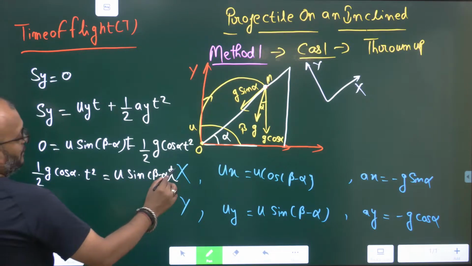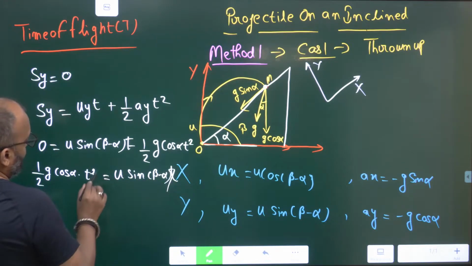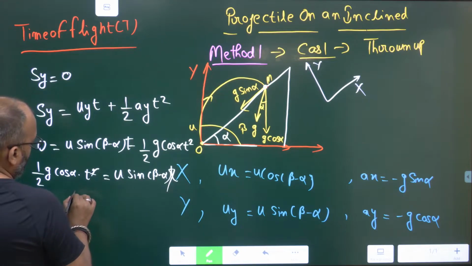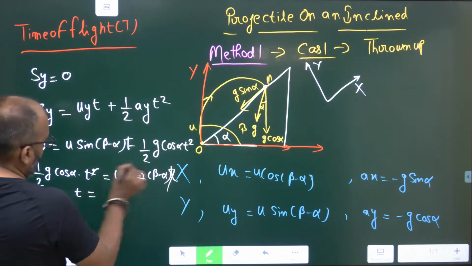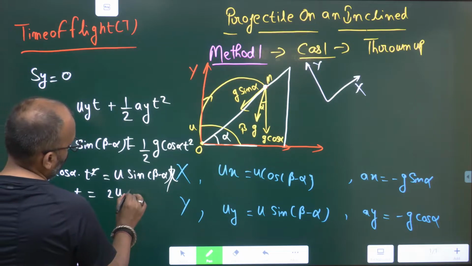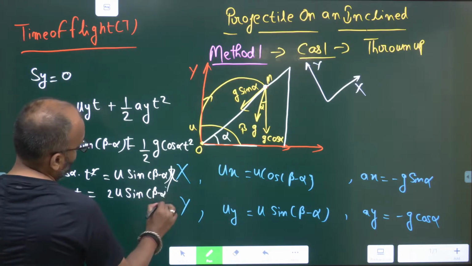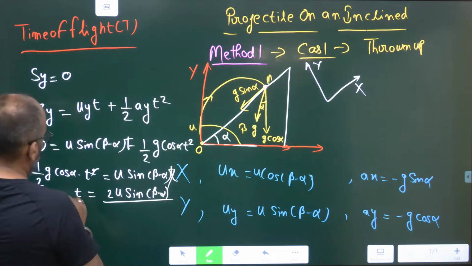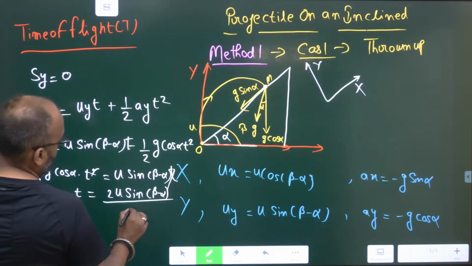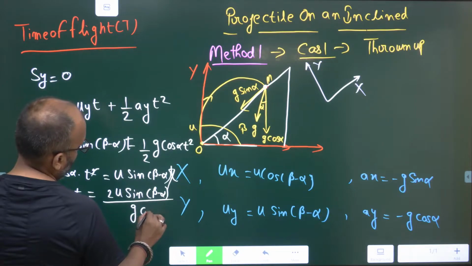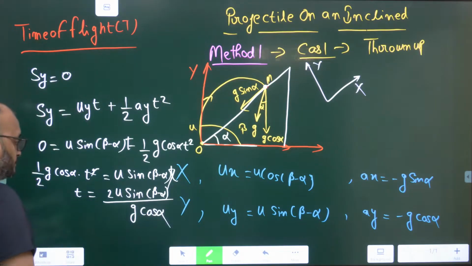Thank you. Now t and square gets cancelled. So t will become, 2 will be transferred here, so 2u sine beta minus alpha upon g cos alpha.